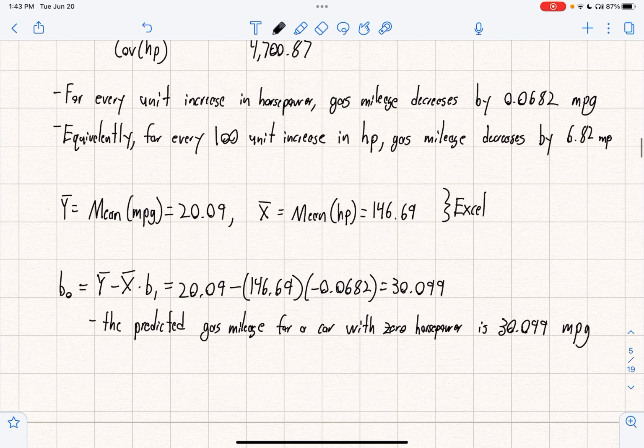Now, this might not make a whole lot of sense. The thing with intercepts is, depending on the context of your data and your problem, it doesn't always make sense. So we might say this doesn't make a whole lot of intuitive sense.